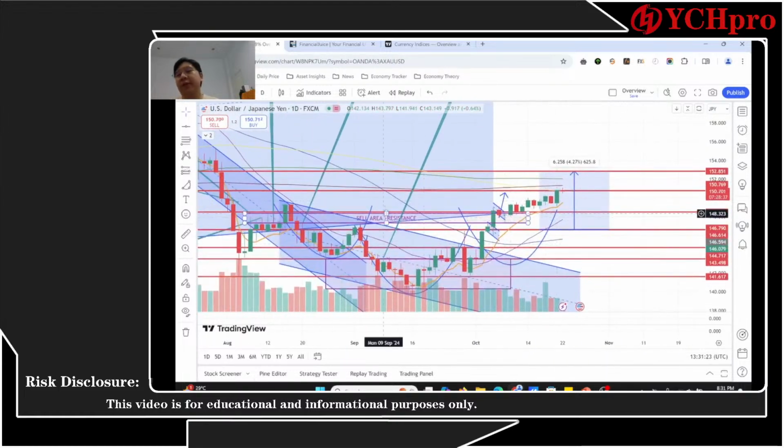Actually, we have already seen the formation of this inverted head and shoulders. It has been completed, and it even reached our price target around 150.7 yen per dollar, guys.